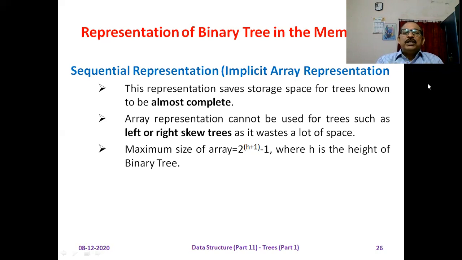Next, the maximum size of the array is equal to 2 to the power h plus 1 minus 1, where h is the height of the binary tree. So these are some points to consider when representing a binary tree in computer memory with the help of implicit array representation.